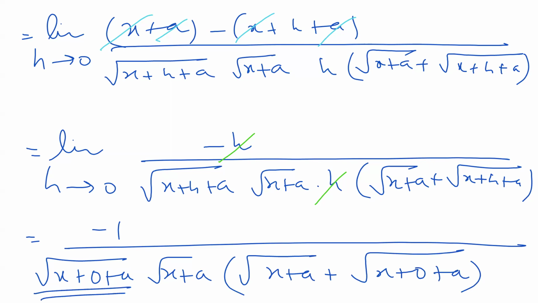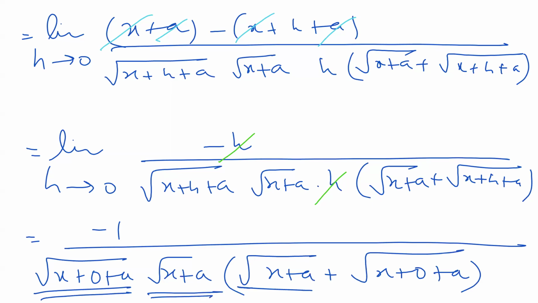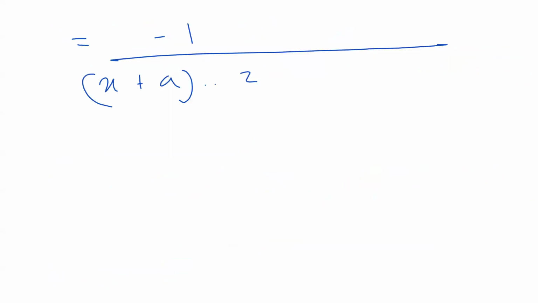Okay, so root x plus a into root x plus a is x plus a into root x plus a plus root x plus a is 2 root x plus a. This becomes your final answer. Okay, you can arrange these terms in the denominator, but then this becomes your final answer.